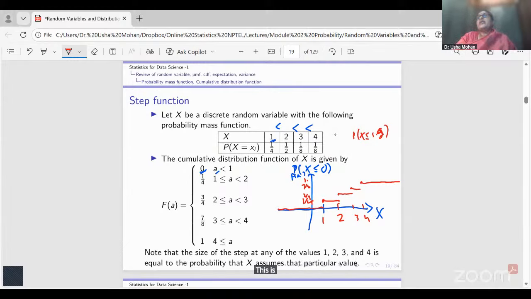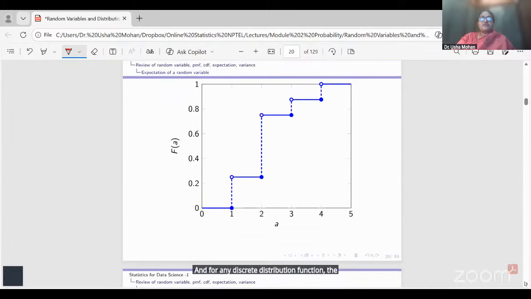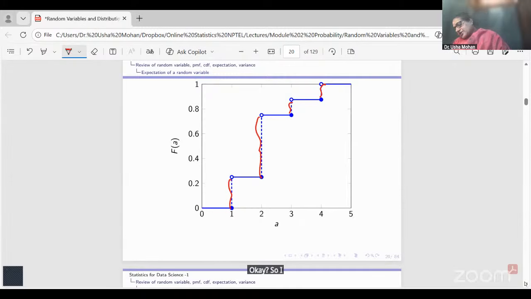This is what we refer to as a cumulative distribution function. For any discrete distribution, the cumulative distribution function resembles what is called a step function or a stair function, with these as the points of discontinuity. It looks like a stair.